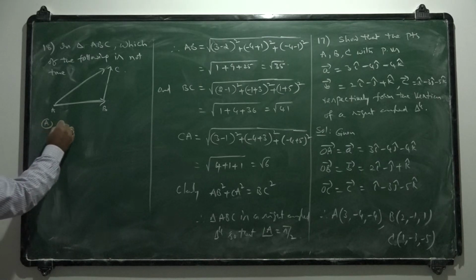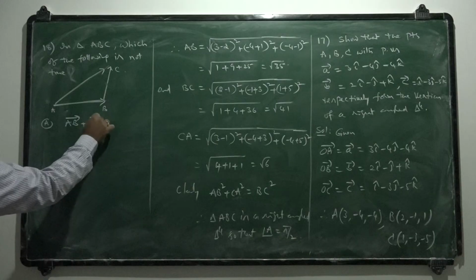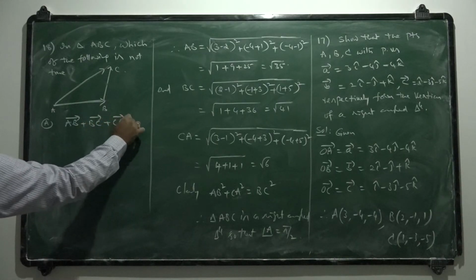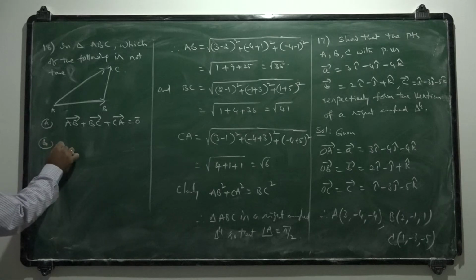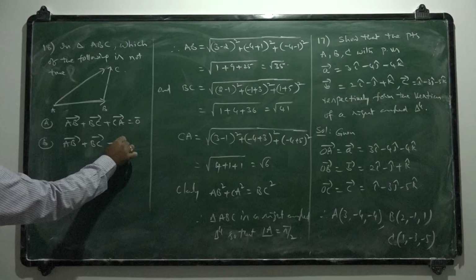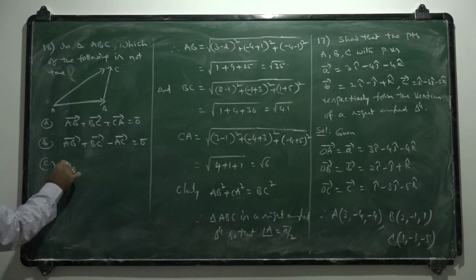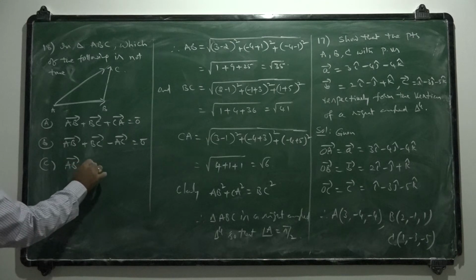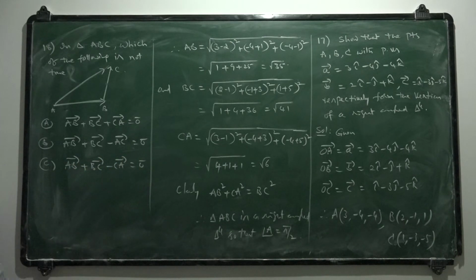The options are here. AB bar plus BC bar plus CA bar is 0 bar. The second one is AB bar plus BC bar minus AC bar is 0. Third one, AB bar plus BC bar minus CA bar is 0.